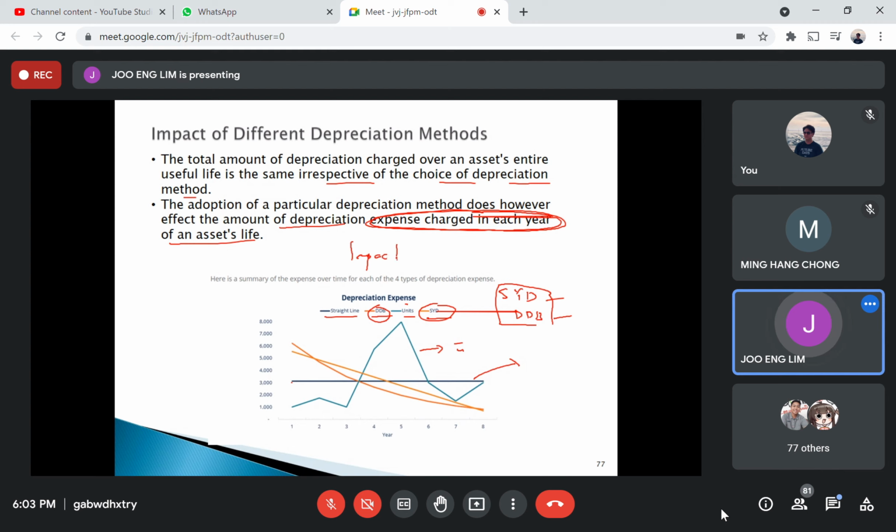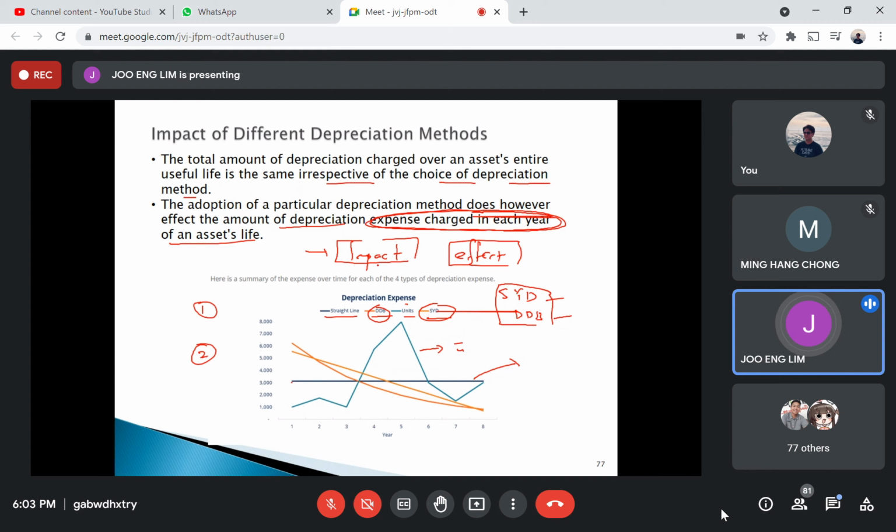So that is for you to take a look at the impact, because sometimes when we choose the technique, we want to evaluate the impact. This kind of question I normally ask: when you change the technique, I ask you to evaluate using this technique first, and the second part asks what the impact is if the depreciation technique is changed to this technique instead of the earlier one you used.